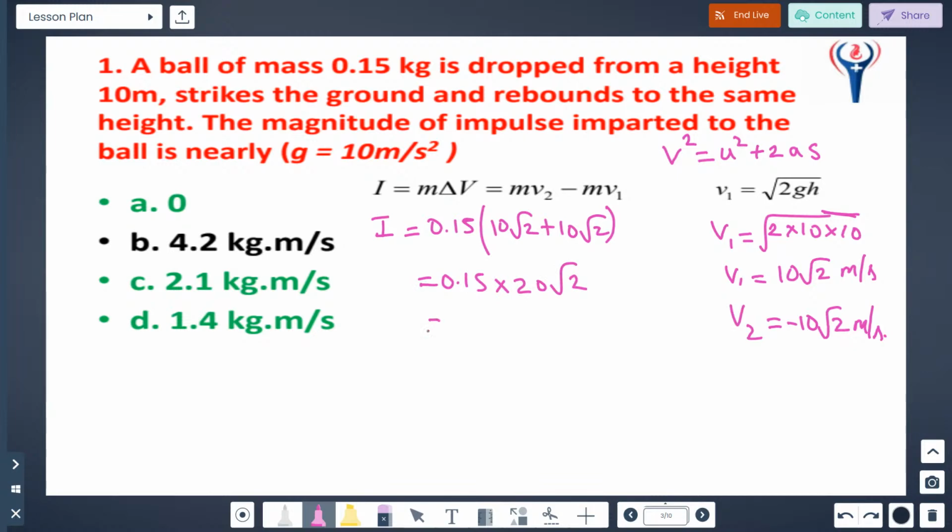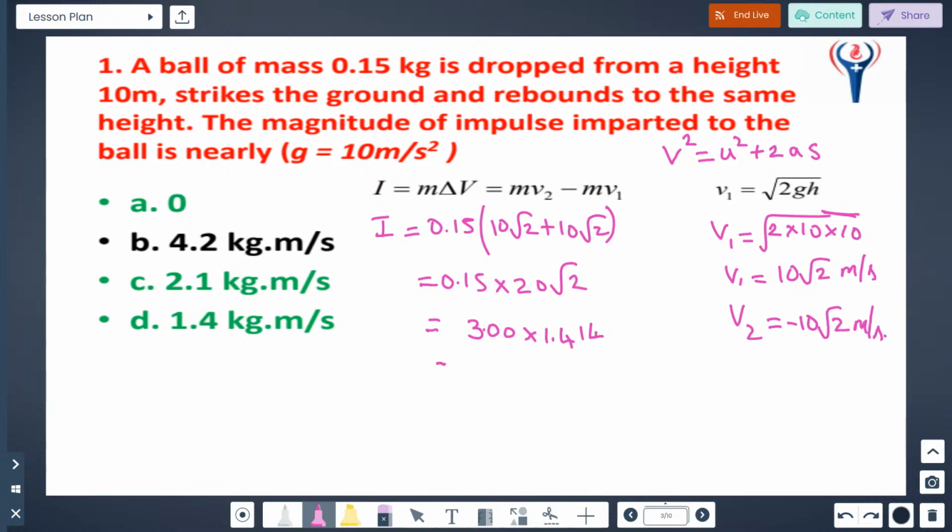0.15 into 2 is 0.3, that means 3 into root 2. What's the value of root 2? 1.414.